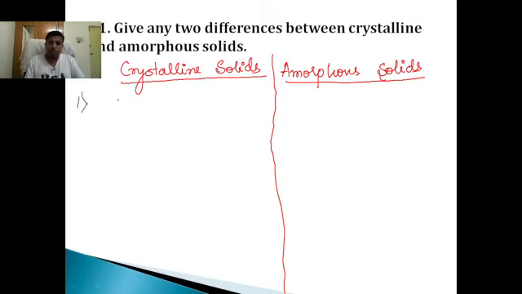First point of difference. We know crystalline solids are anisotropic, whereas amorphous solids are isotropic.